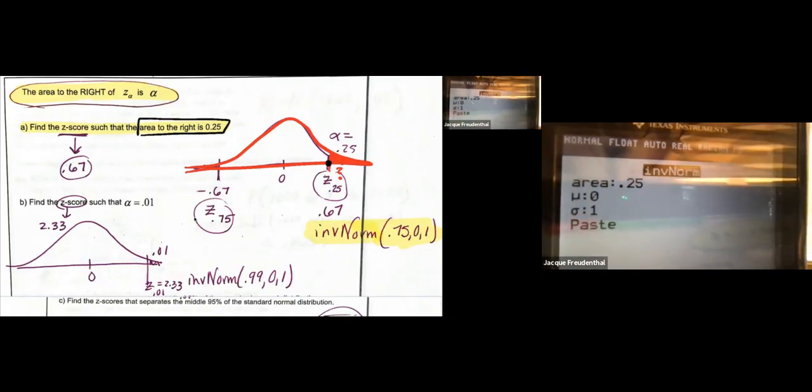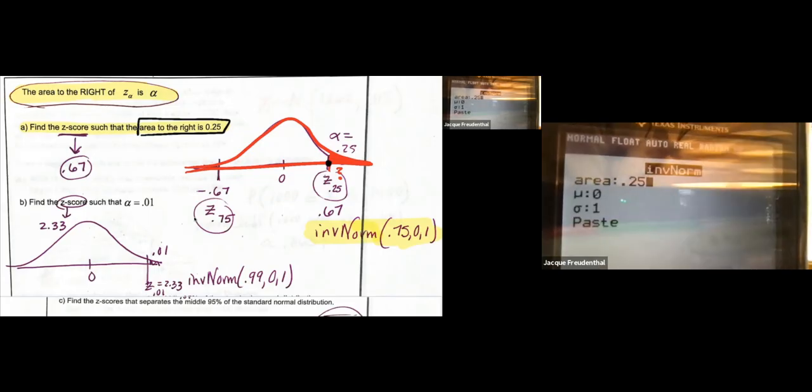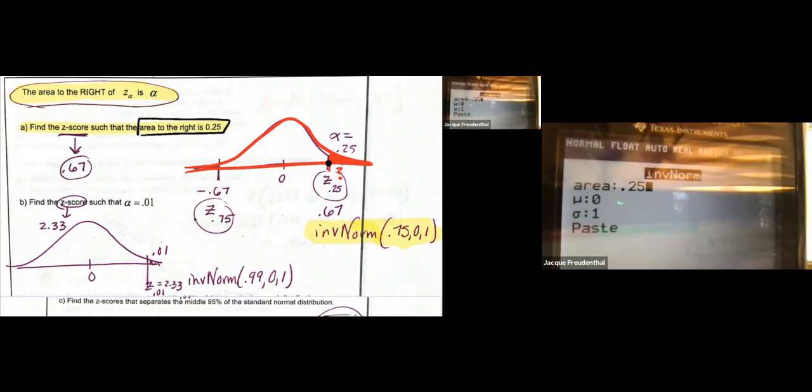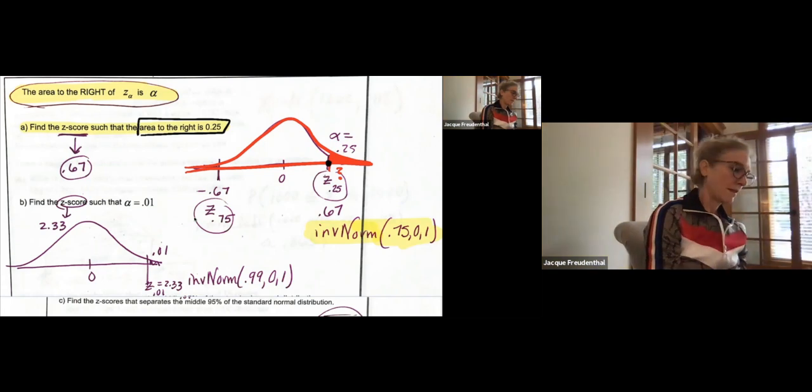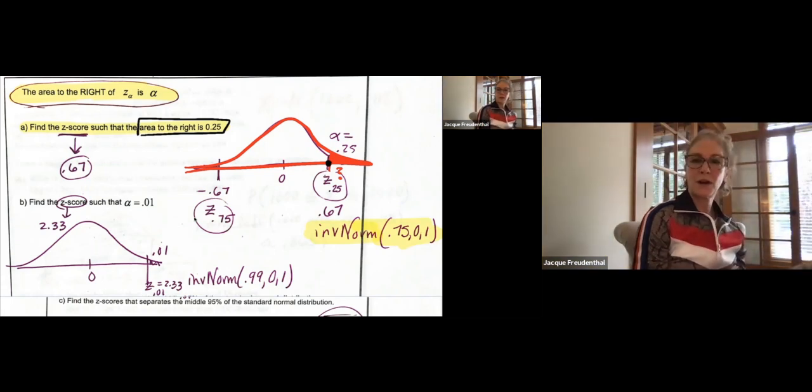Okay, so can you see my calculator? So under second vars, select inverse norm, and then put in 0.25 for the area. Okay, paste that in, press enter, and what answer do you get?